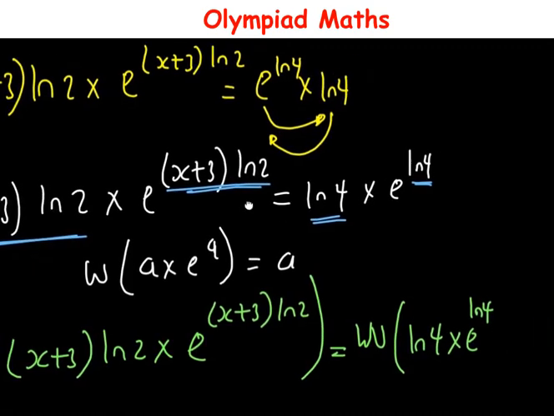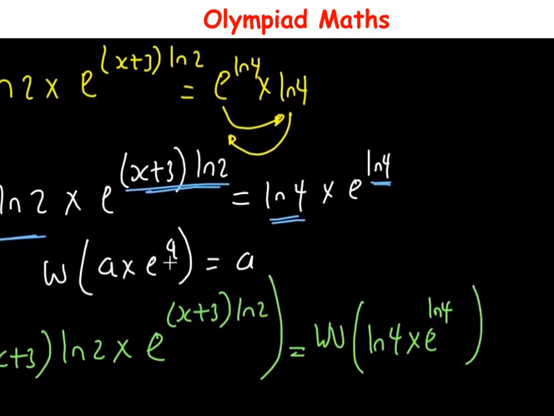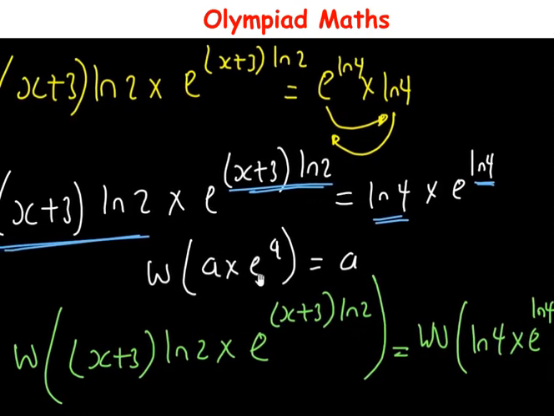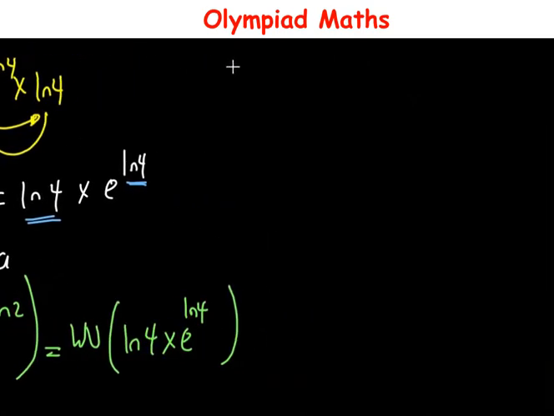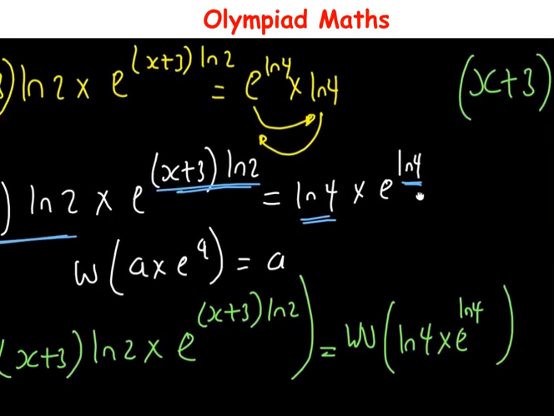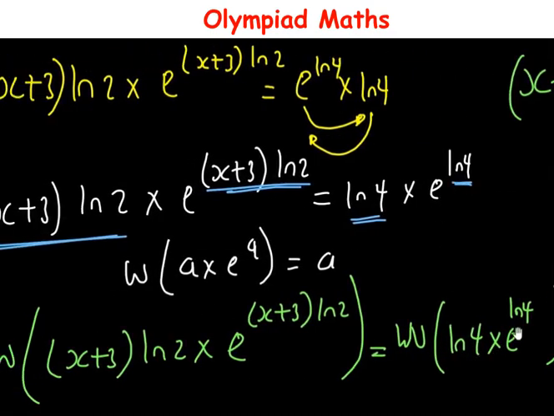So if we do so, following this rule, we will have the value (x + 3) times ln 2 for the left hand side. So we have (x + 3) times ln 2 is equal to, for the right hand side, ln 4.